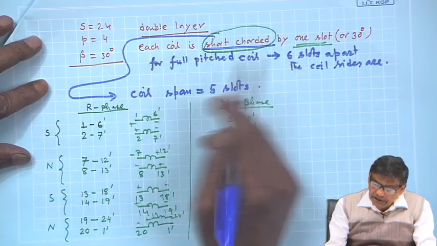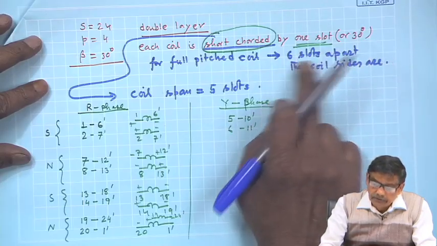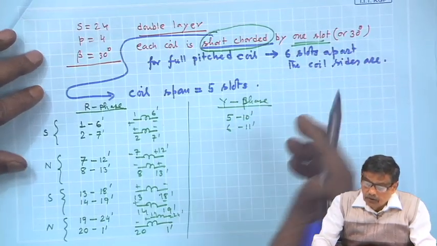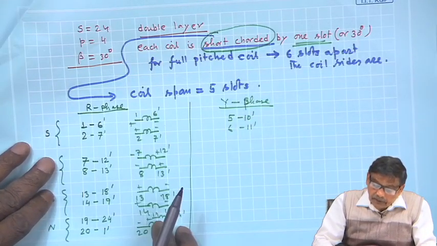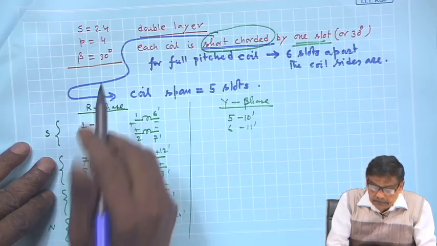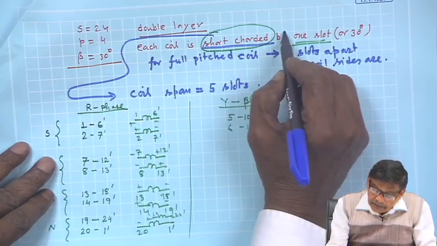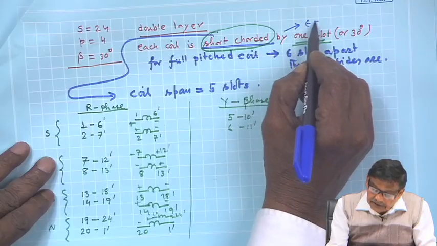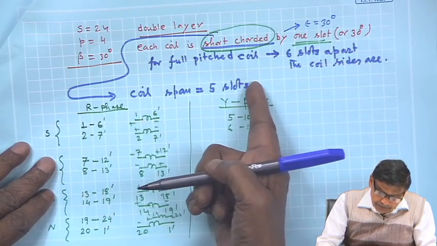If it is a full pitched coil, then obviously 6 slots will be the coil span, or 180 degrees electrical, but I have been told to make a winding which is short pitched by 1 slot, that is by 30 degrees, which means epsilon is 30 degrees and the coil span is 5 slots.